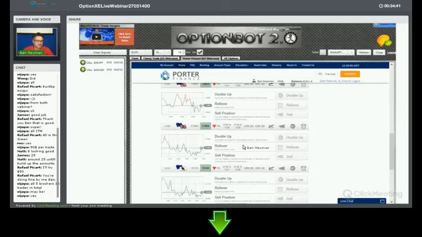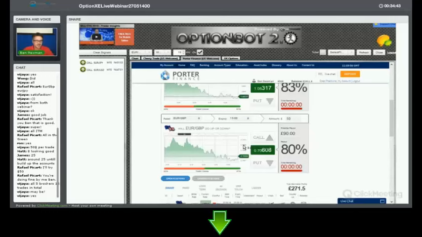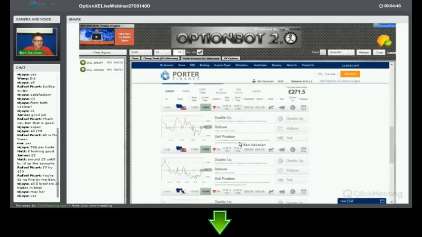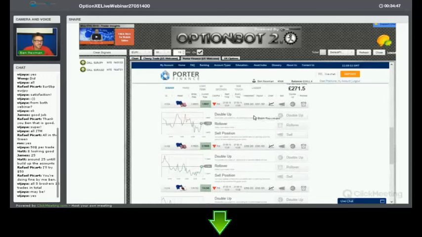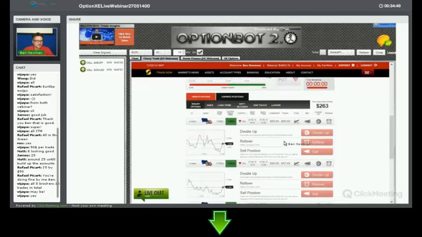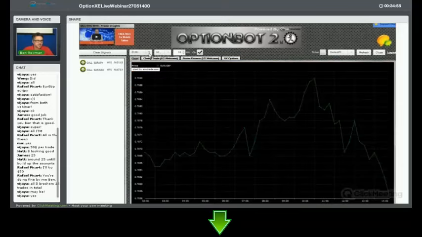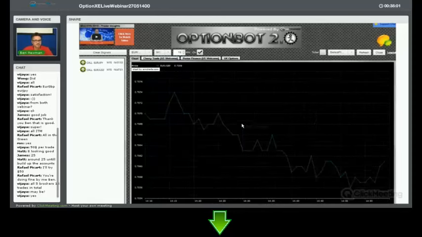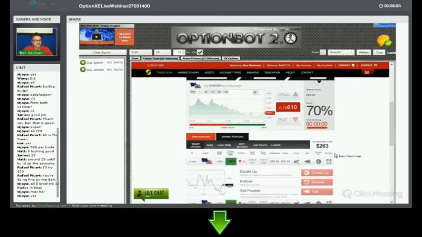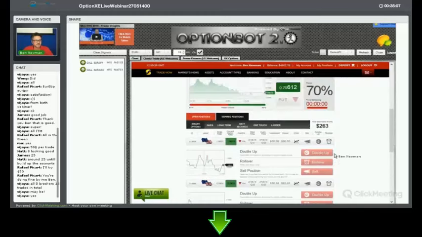So these are just picking up a little bit now. We've got a minute left. It's getting tense because these are moving up, but let's just see. I don't think it's going to be enough to concern us. Just have a look at the charts here, and on M1 we've got, yeah, the euro is picking up a little bit, but I think we're going to be all right.